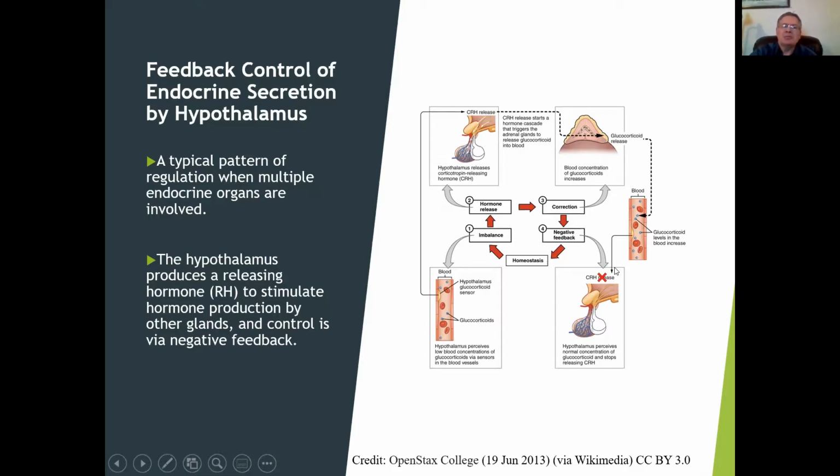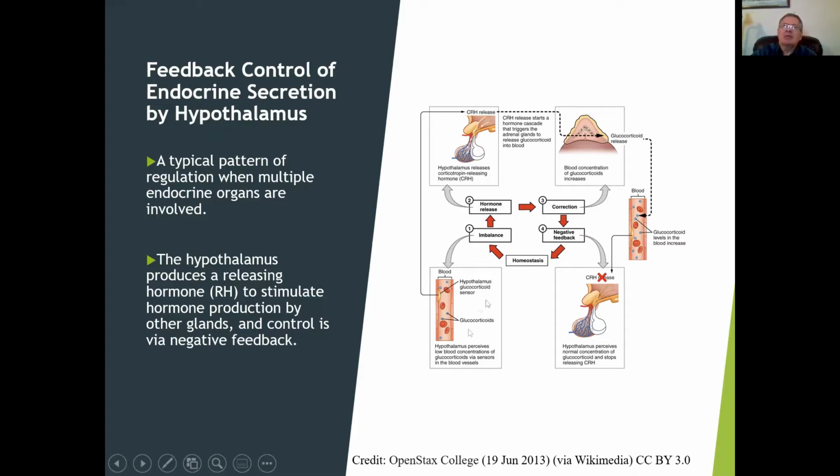Anyhow, the increased level of cortisol is sensed by the hypothalamus as a normal concentration, and then it stops the release of the CRH hormone, which stops the cortisol from being released into the bloodstream.